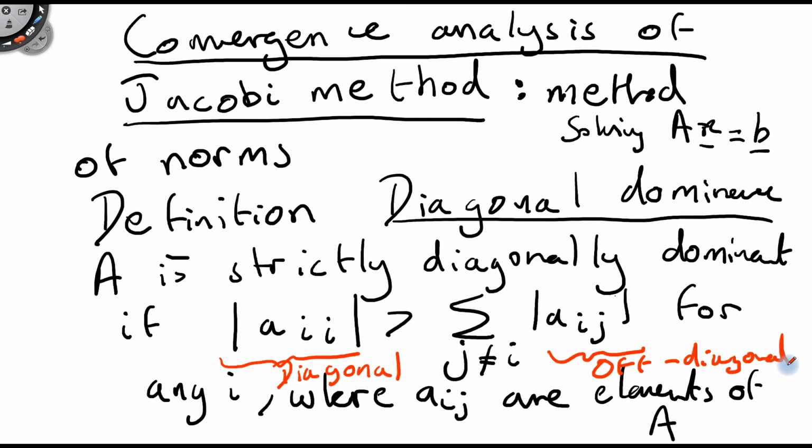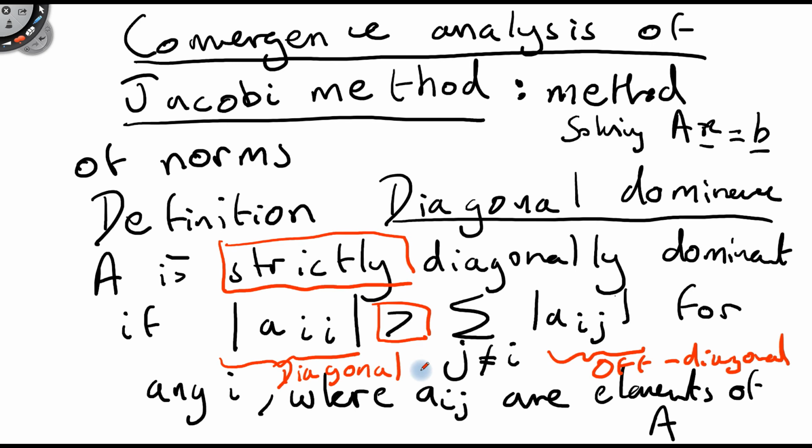We've got the diagonal elements and off diagonal elements, and we've got the absolute values. And the strictly comes due to this greater than. You can have situations where this is a greater than or equal to, but the strictly bit comes in there. So we've got the diagonal element greater than the sum of the off diagonal elements for each value of i.